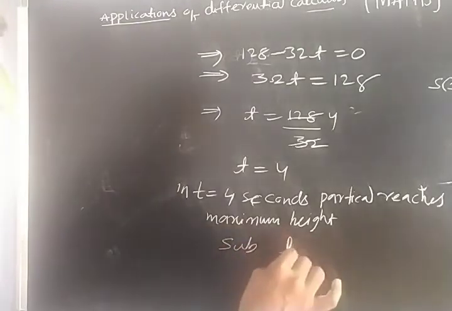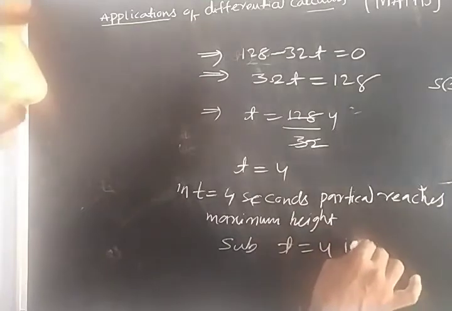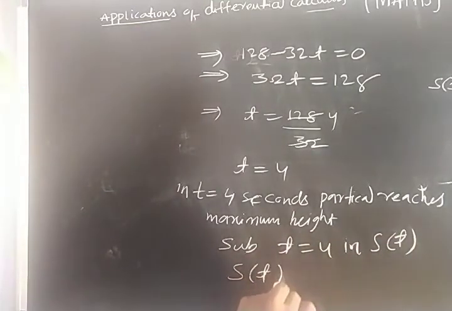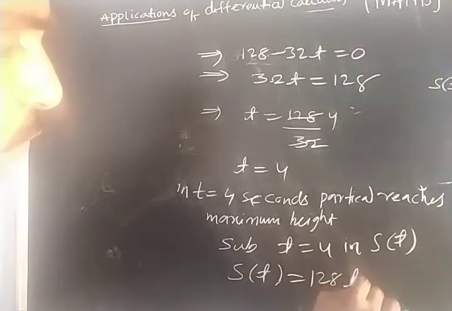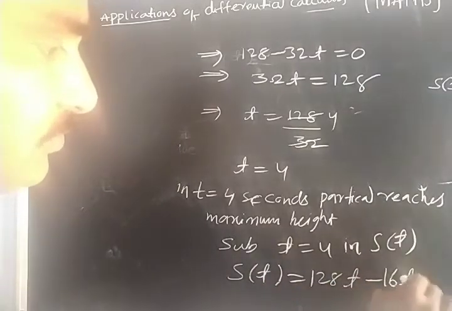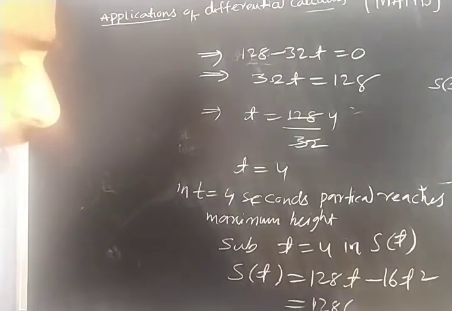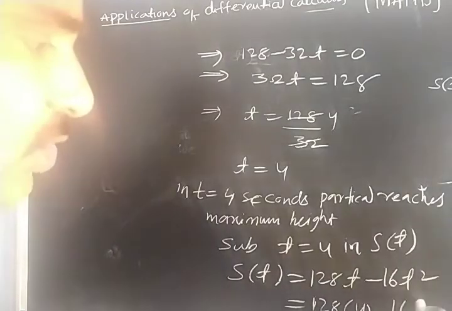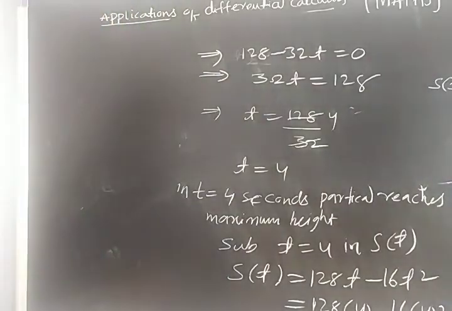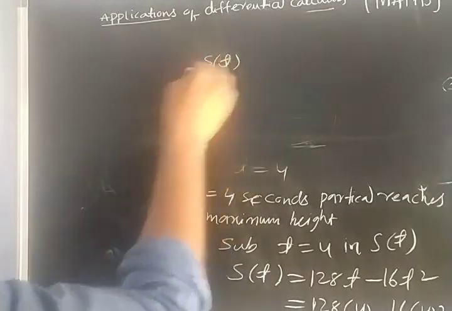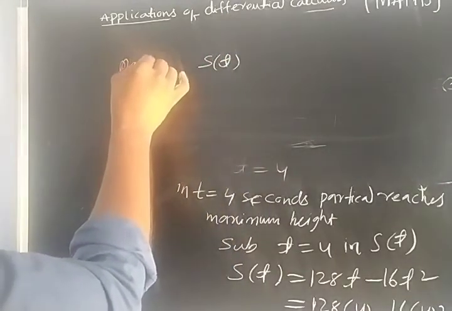So we have S of t equal to 128 into t minus 16t squared, so 128 into 4 minus 16 into 4 squared.